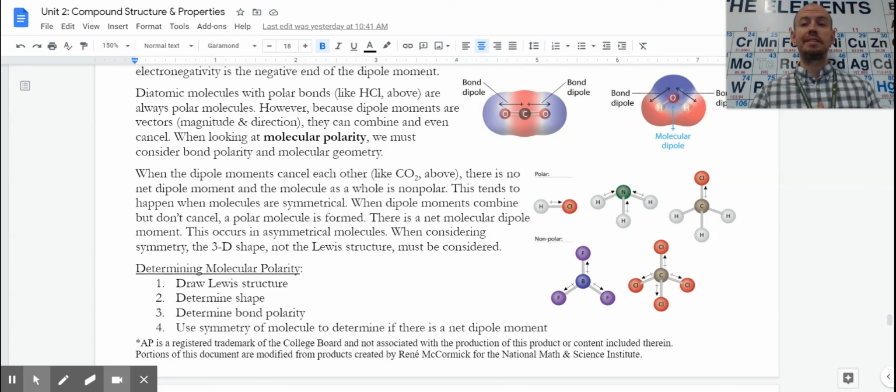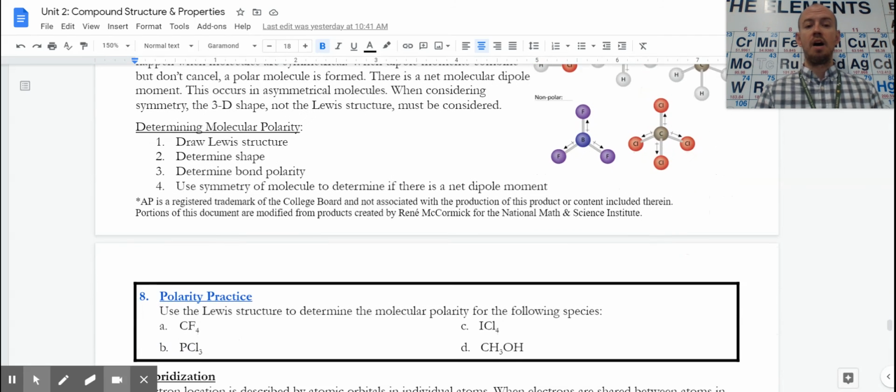Lone pairs, elements bonded to your central atom. That's what would determine if there's a net dipole. Many times, if there's a lone pair on your central atom, it ends up being polar, but not always, depending on the shape. Many times, if there are different elements bonded to your central atom, so here like hydrogens and a carbon, that makes it polar, but not always.